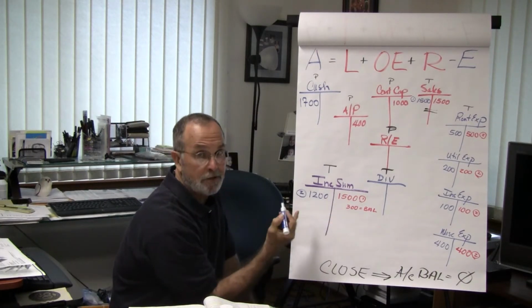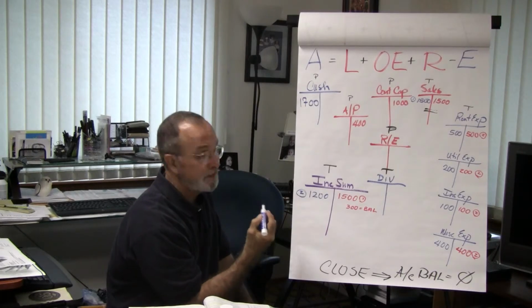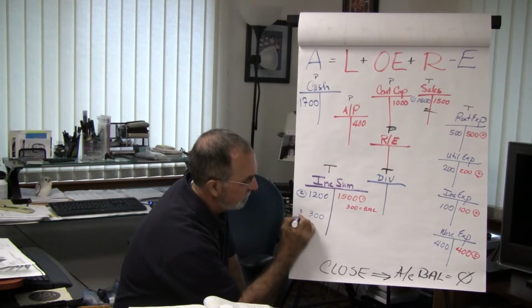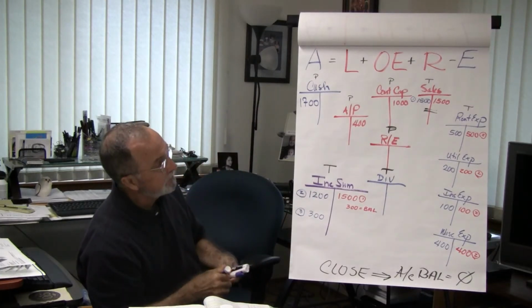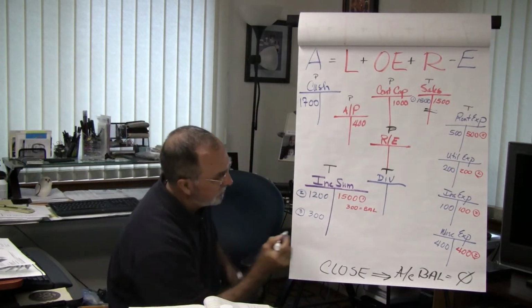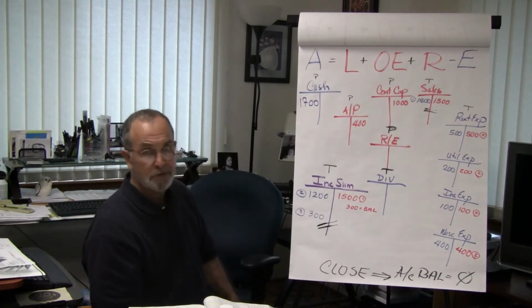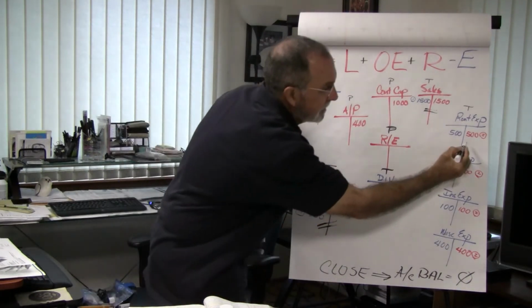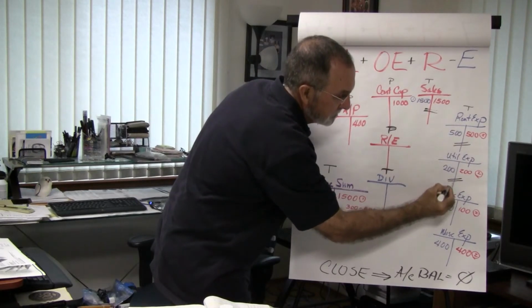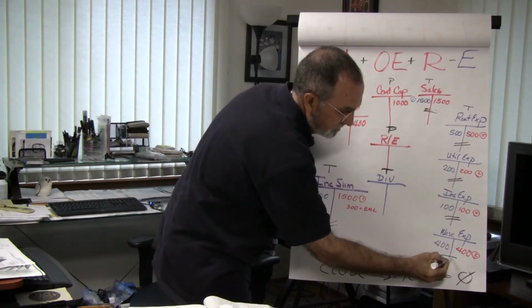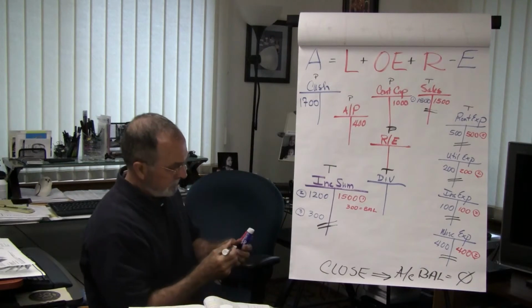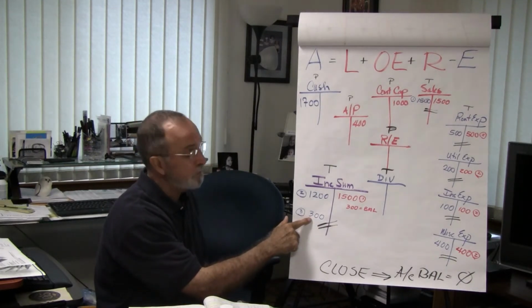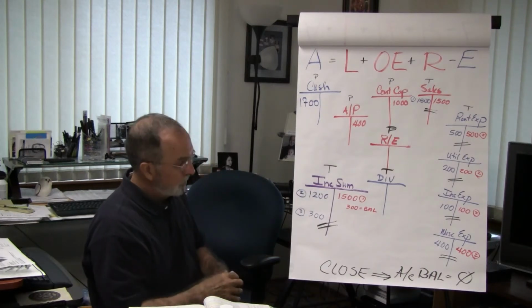Since we have a $300 credit, to close it, we need a $300 debit. That will, in effect, close our income summary account. Debits and credits are equal, so I need to show where the offsetting credit is.